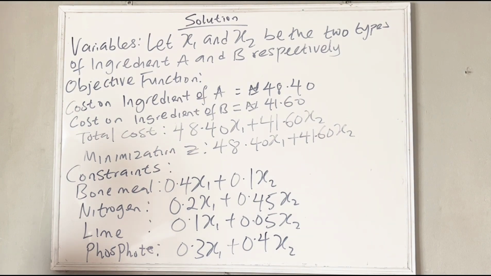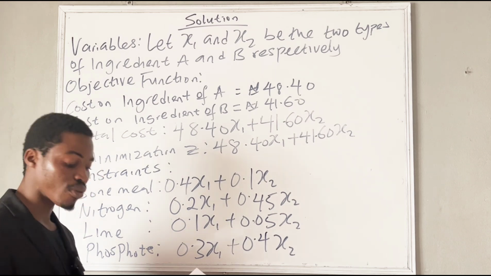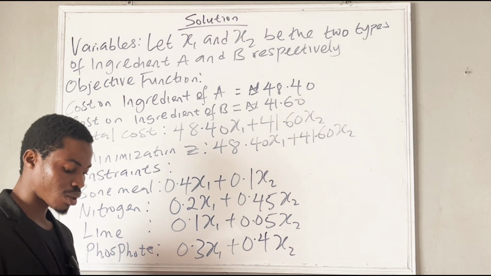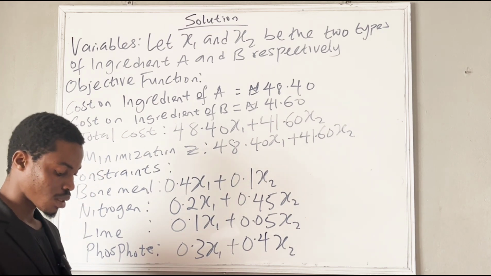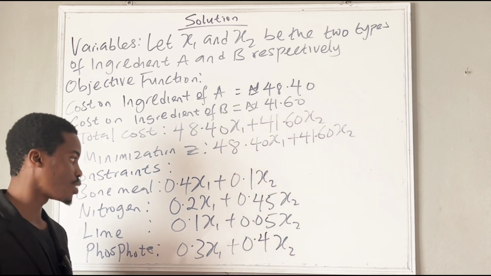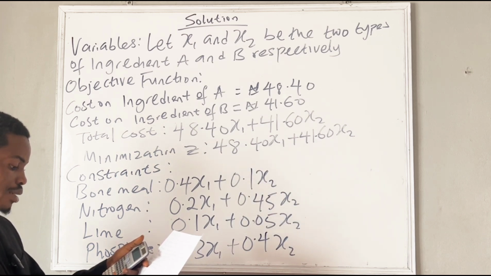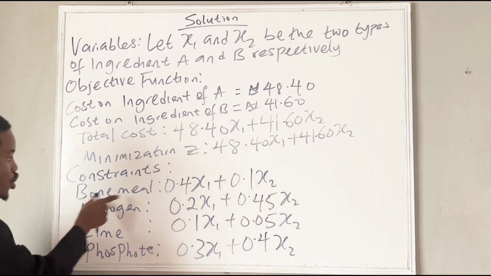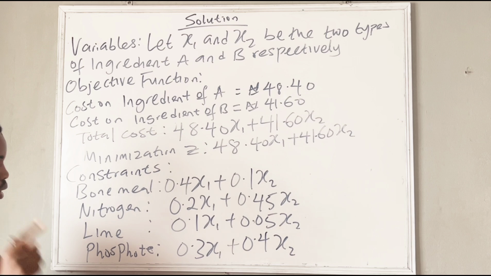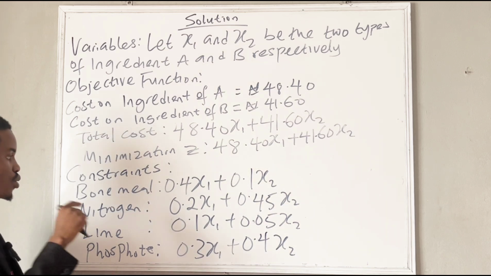One, the feed meal will be sold in bags containing a minimum of 60 kg. Then it must contain at most 22% bone meal. It must contain at least 16% of nitrogen. So for us to solve this, this is a constraint of each element, and under the question that we are given, we'll just be adding.